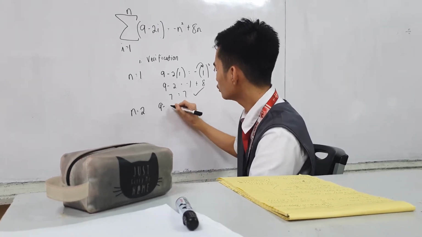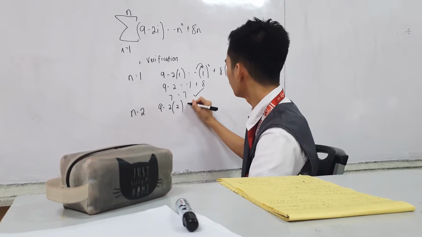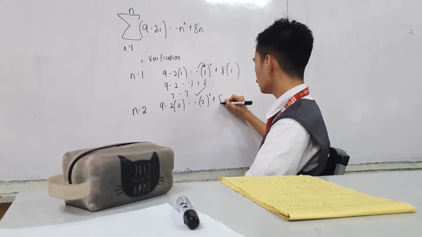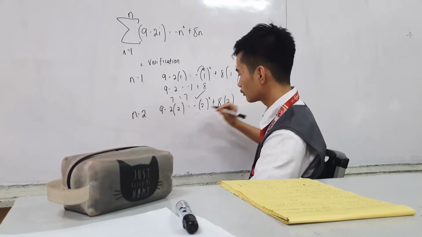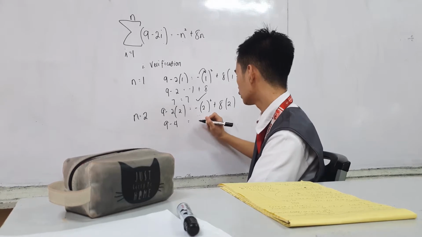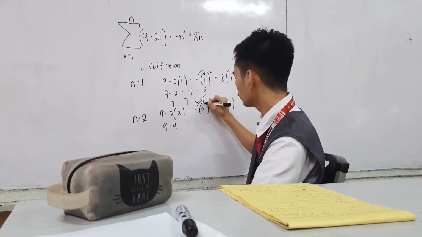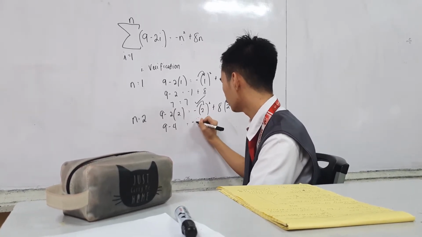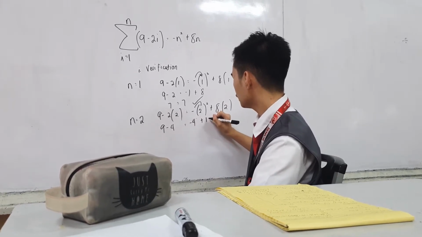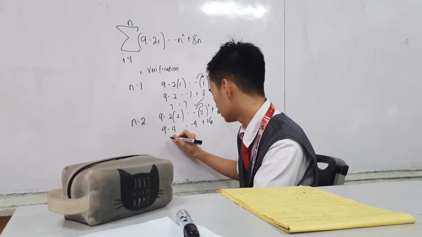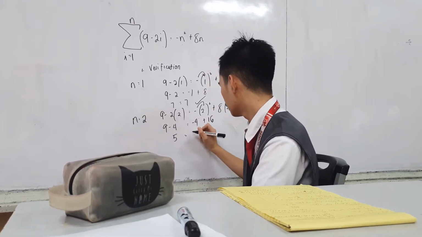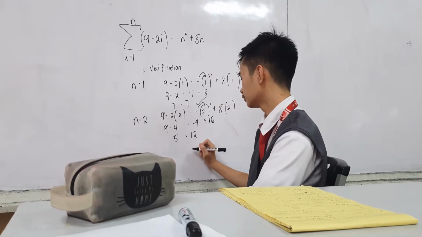9 minus 2 times 2 is equal to negative 2 squared plus 8 times 2. 9 minus 2 times 2 is 5, then distribute the negative sign: negative 4 plus 8 times 2 is 16, so 12.